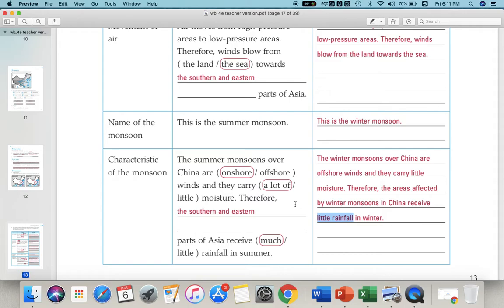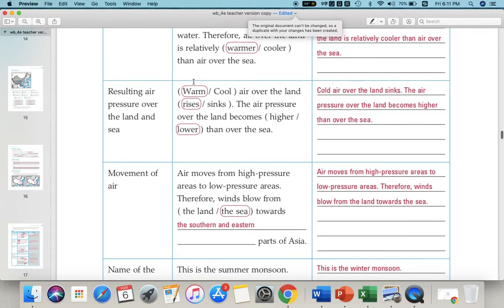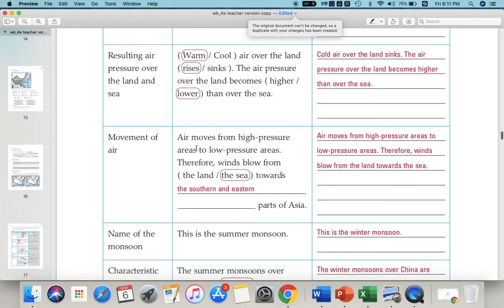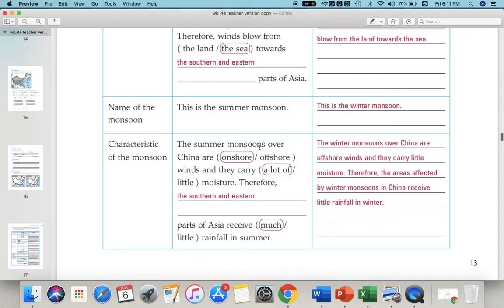So remember about the warm air, the cold air, and the relationship of the air pressure. The movement of the air always comes from the higher pressure place to a lower pressure area. In summer we get the onshore wind with a lot of moisture brought by the sea.